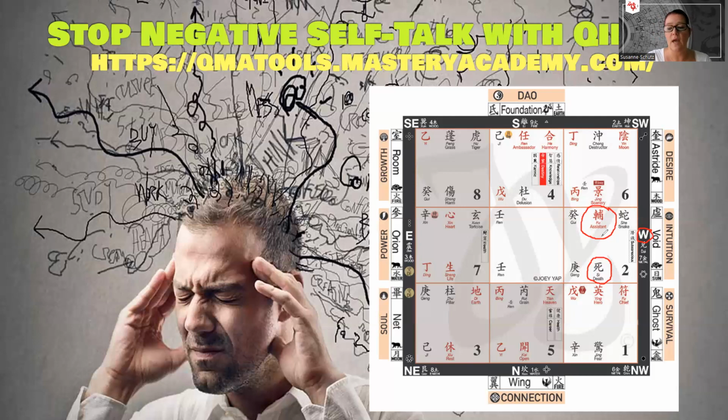Now, if you have the pillar in the box with the death door, then you usually get very upset if people don't validate or value what you do. And so you constantly need that reinforcement, that other people tell you, oh, how good you are, and how well you did in a particular subject matter.